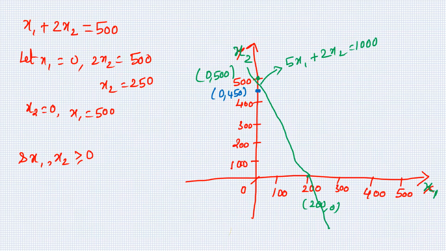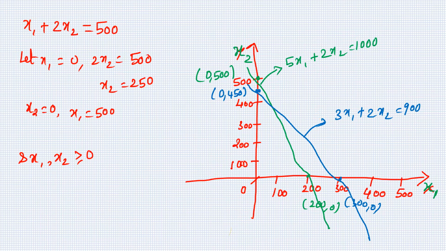That is x2 is 0, x1 is 300. So we join these blue points roughly like this. This equation is nothing but 3x1 plus 2x2 equal to 900.